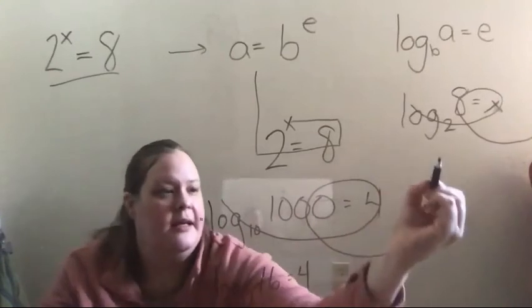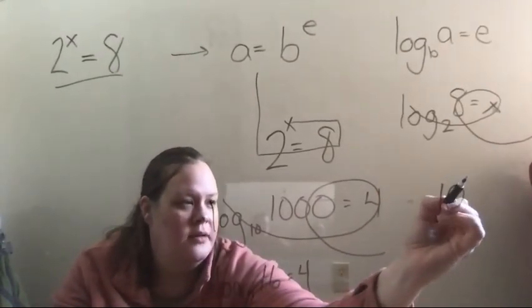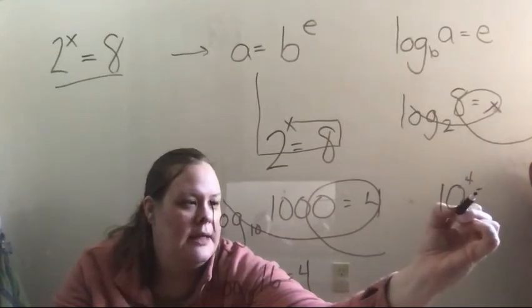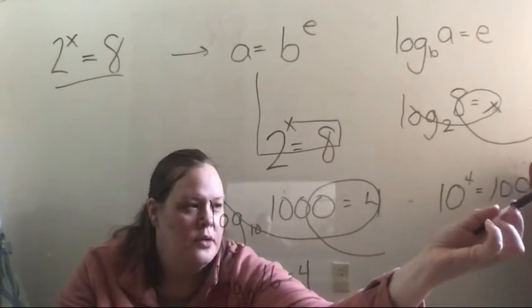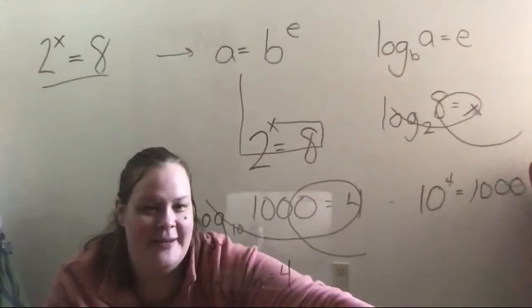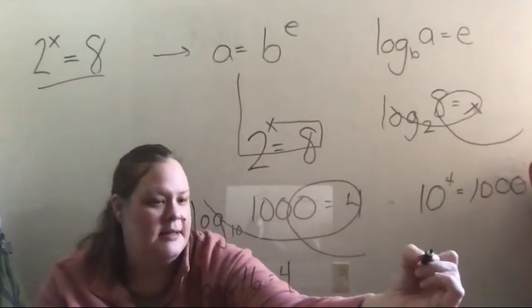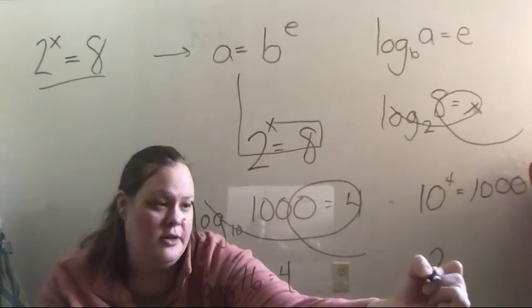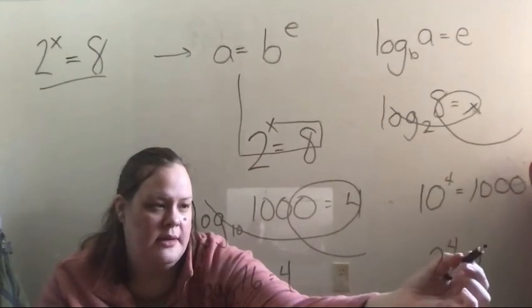I'm going to draw that E, which means we would write this as 10 to the 4th power equals 1,000. Oh, my zeros went off the board. There we go. And if I'm doing this problem here, I would write 2 to the 4th power equals 16.